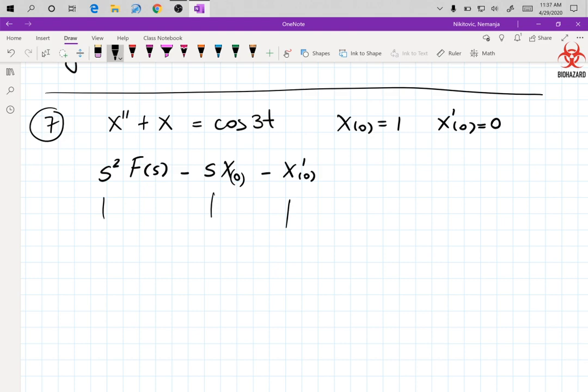And then you start using x and then x prime and then x double prime and so on. So it's very structured. It doesn't matter what derivative you get, it's like that. We don't have the first derivative, so just plus f of s at the end over here. And now I need to transform cosine 3t. Now cosine 3t is our good friend, s over s squared plus 9. One of them will have 3 and one of them will have cosine. Cosine has s. Good, I remembered it.